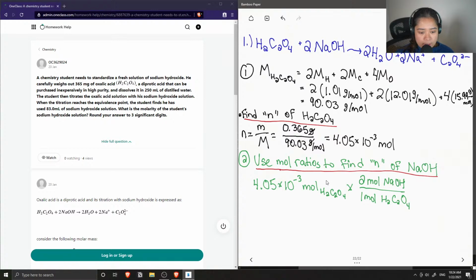And now you can see our moles of oxalic acid cancel out, and we're left with our moles of sodium hydroxide, which is 8.1 times 10 to the negative 3.